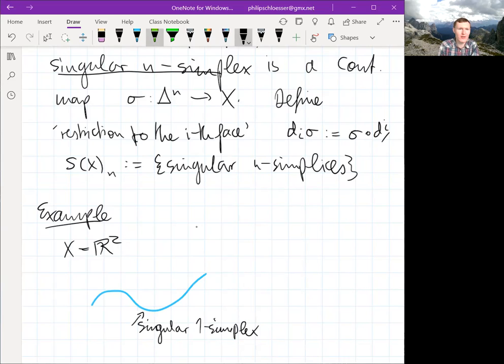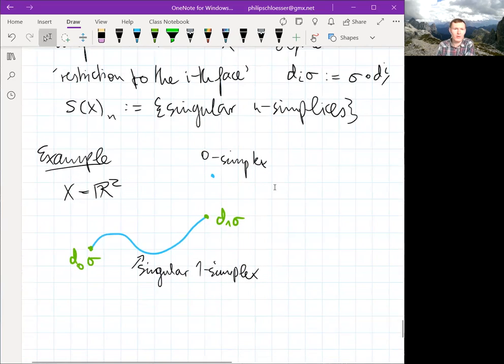We can more or less arbitrarily choose one of the endpoints to be d0 sigma and the other one to be d1 sigma. By the way, this is just a singular zero simplex. And a two simplex can also be anything that has some kind of corners, or not even that, but I'm going to do it that way.